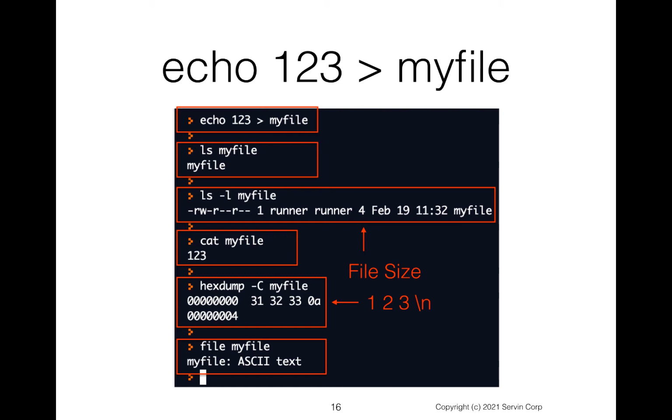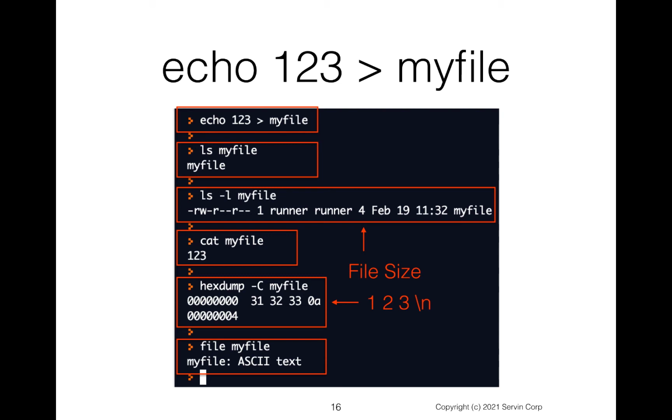Hex 33 is 3. And the 0A, that is the hexadecimal 0A, is a \n. Or if you prefer, notice at the very bottom, if you do file myfile, it shows that we've indeed got ASCII text. ASCII for American Standard Code for Information Interchange. So that's basically the text you see on the screen.